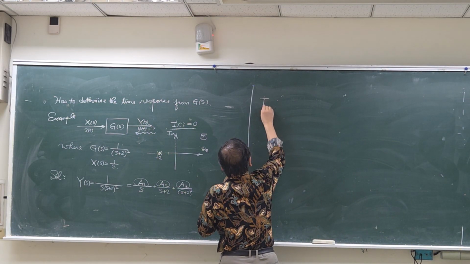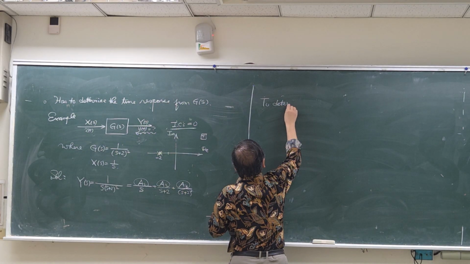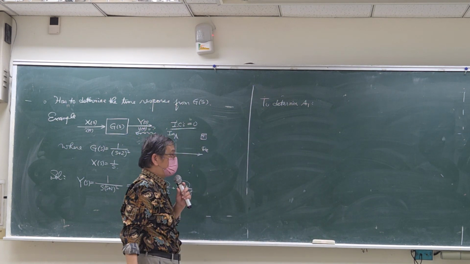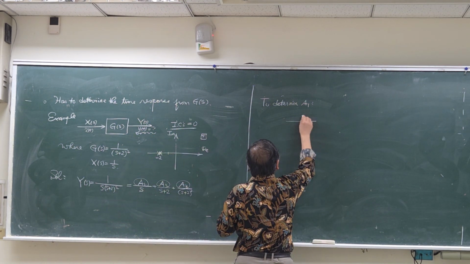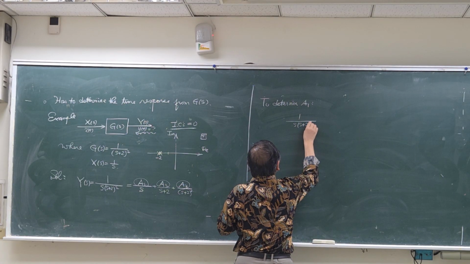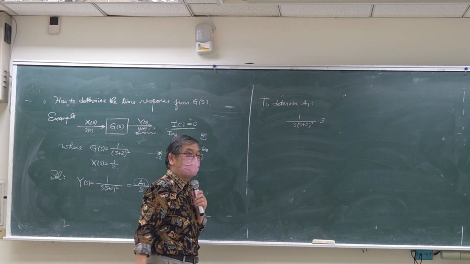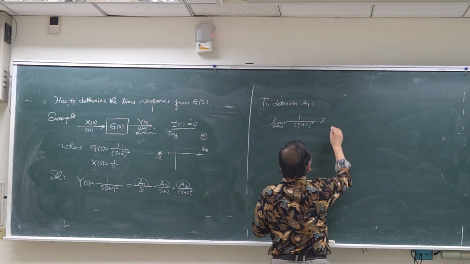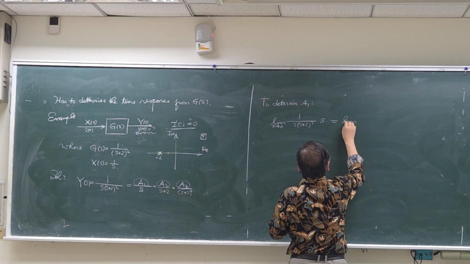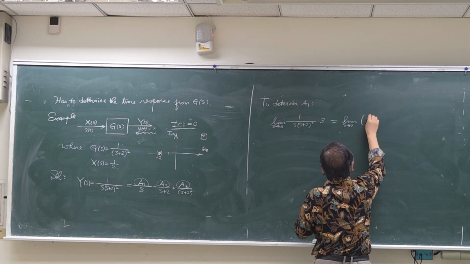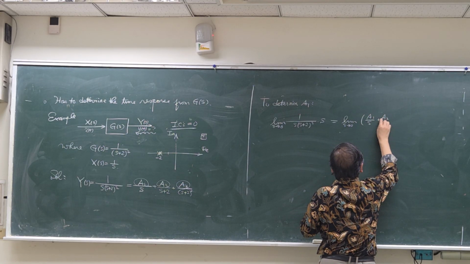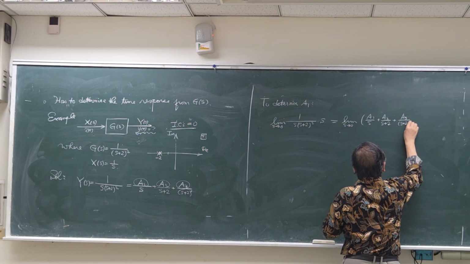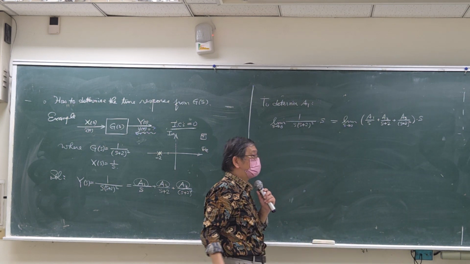Okay, so to determine A1, let's multiply the entire equation by s, right? And then take the limit. So let s approach 0. And then likewise, on the right hand side we did the same thing.